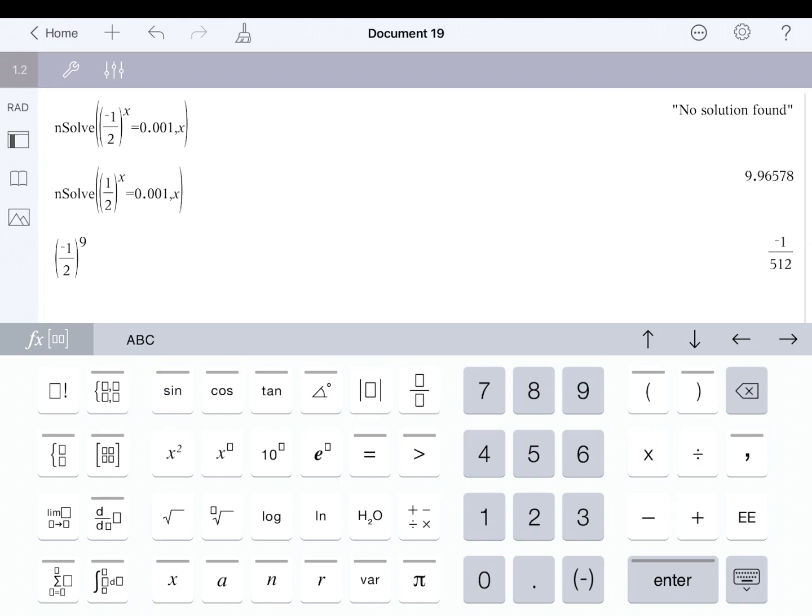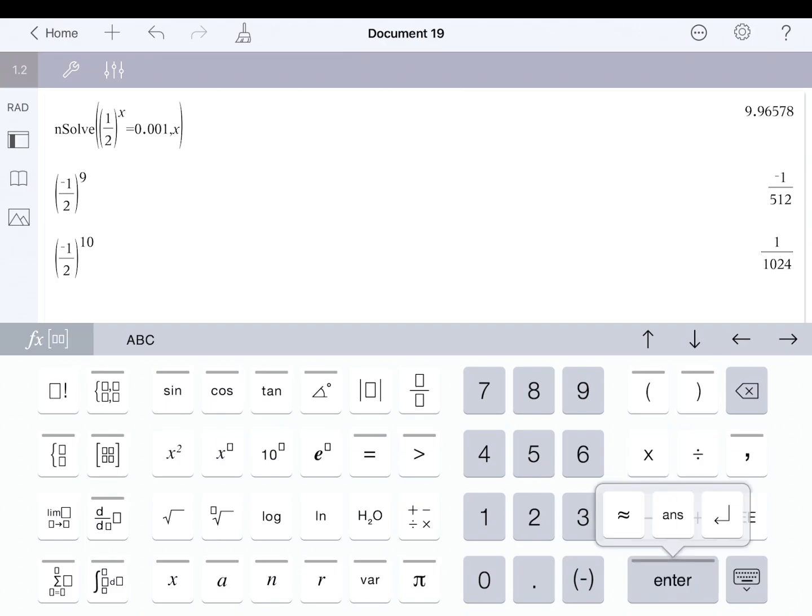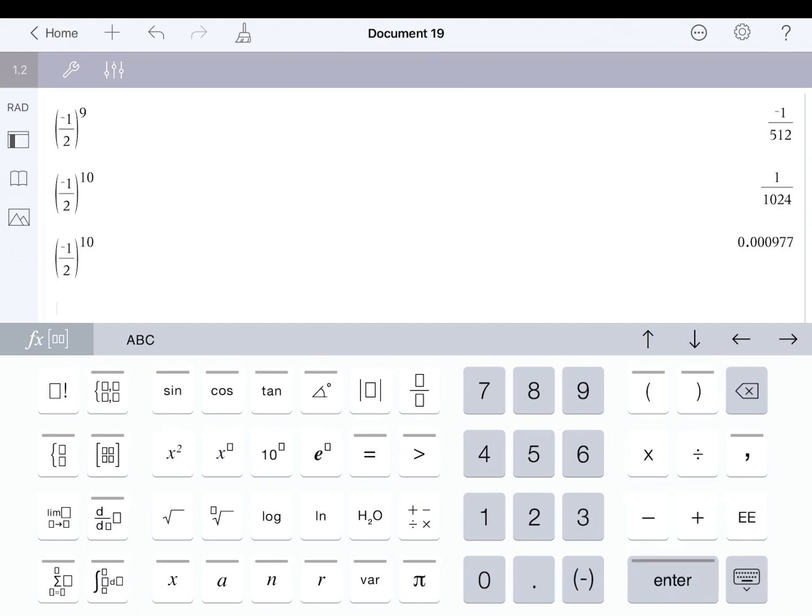It's obviously less, right? But if I put 10, that's also less, right? Oh, well, yeah, you're actually right. All of them are going to be negative because it's a negative value, right?